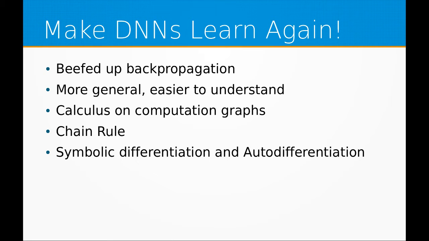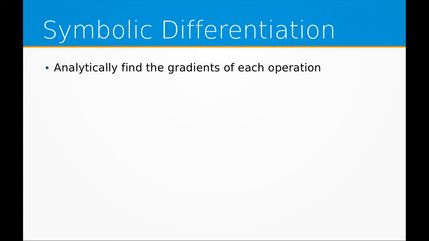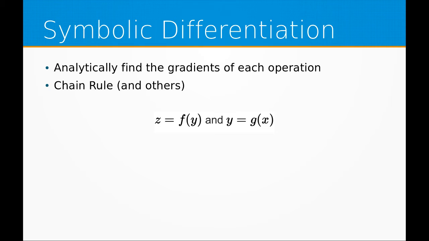There are two approaches when you want to do differentiation: symbolic differentiation and auto differentiation. Symbolic differentiation is to analytically find the gradients of each operation, using the chain rule. For example, if we have z equals f of y and y equals g of x, you can look at g as operation 1 and f as operation 2, so z is f of g of x, something like a two-layer network.